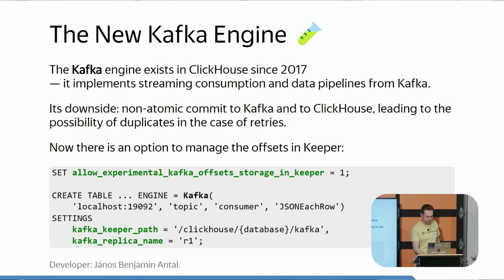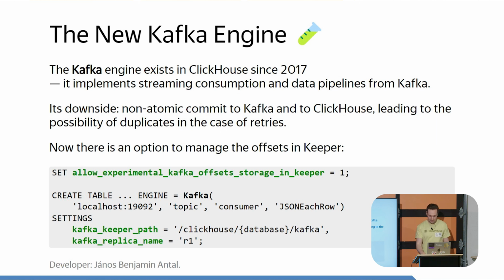So in the new implementation, we don't even bother to notify Kafka that we have read this data. Instead, we store offsets in Keeper, in our own Keeper. And we also store the intention of which chunk of data we are going to read from each partition.